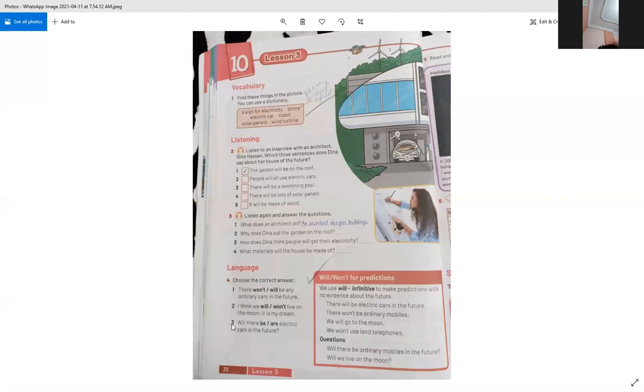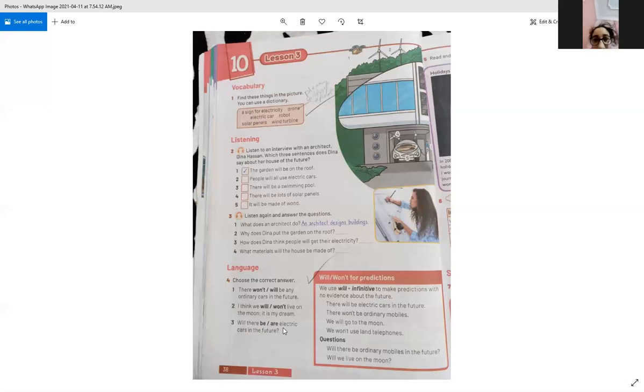Okay, read number 3, Mariam. Will there be... Mariam, we always use will plus infinitive. Okay, there will be. Yes, there will be electric cars in the future.